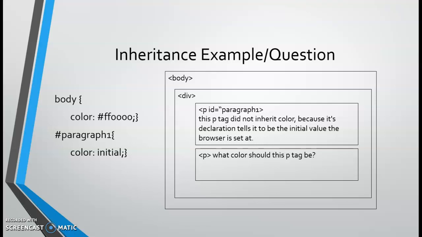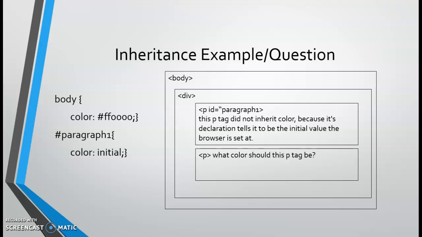But the second paragraph, it doesn't have an ID. So it's going to inherit whatever color its parent has given it, or its grandparent in this case. Because this P tag, this very last one that doesn't have an ID, is the child of the div tag. But the div tag is the child of the body tag.